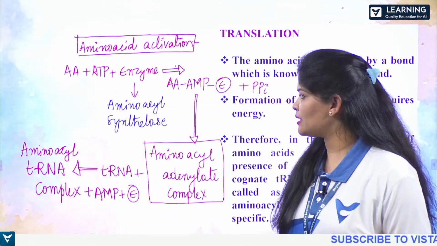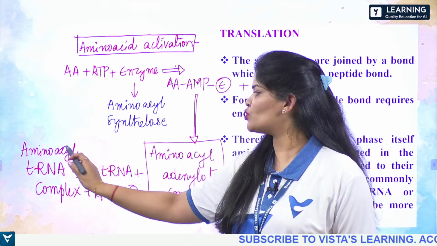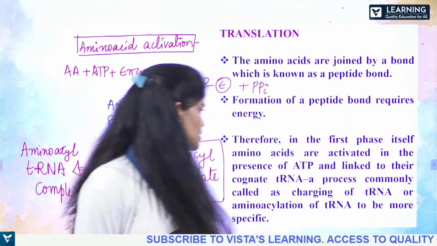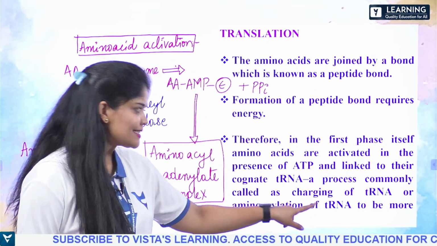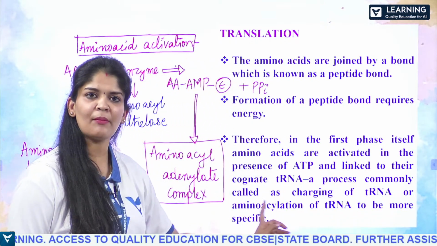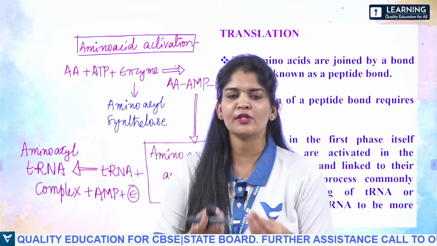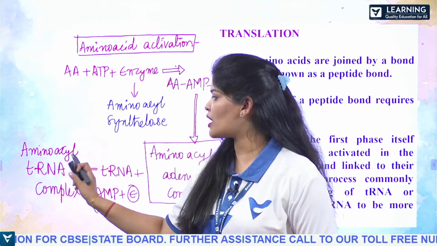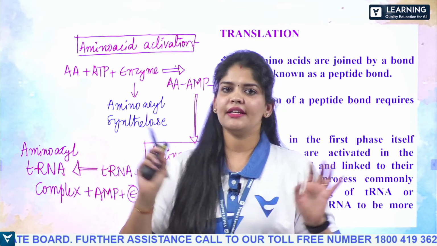So ultimately it leads to the formation of amino acyl tRNA complex. That is what is called charging of tRNA or amino acylation of tRNA. This amino acylation of tRNA is nothing but the formation of the complex, and that complex is the amino acyl tRNA complex.